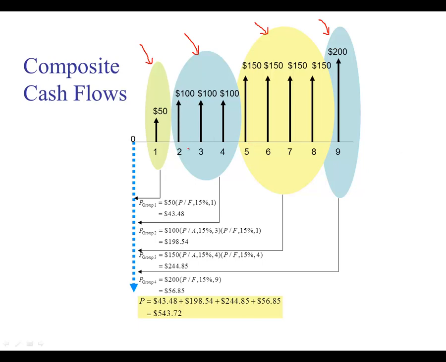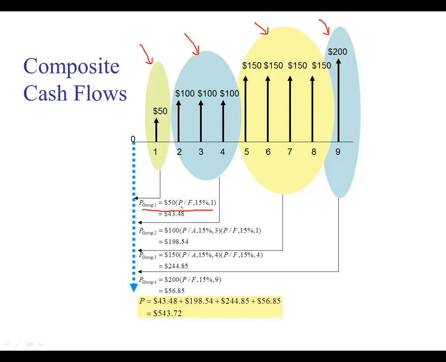Now the way to do it is to bring all these payments back to zero. And to do that, for the 50 it will be directly using the future value and bringing that future value, the 50, into the principal, or the present worth, or present value.